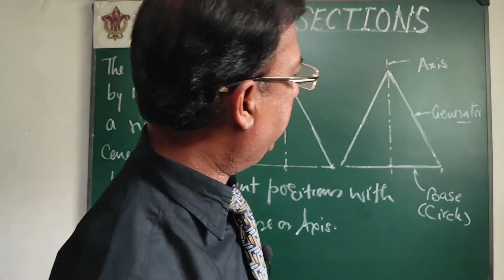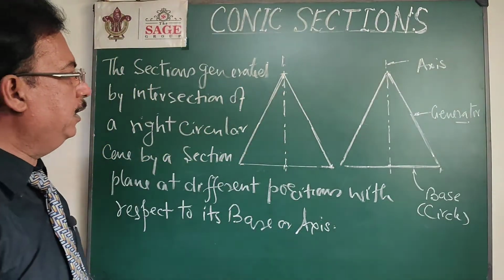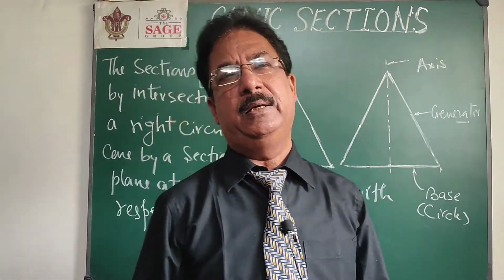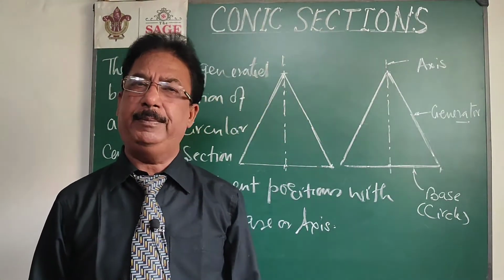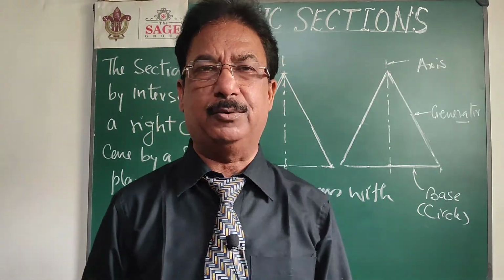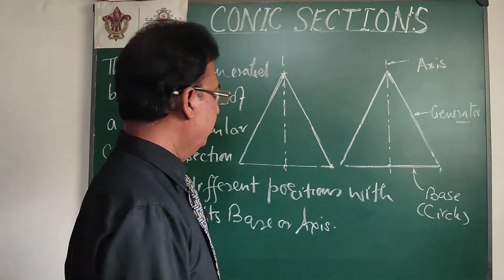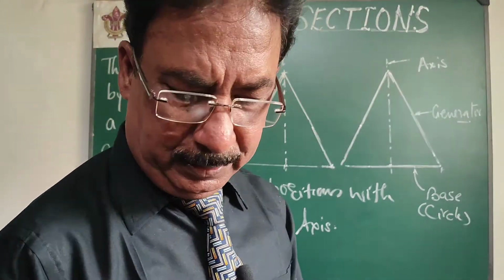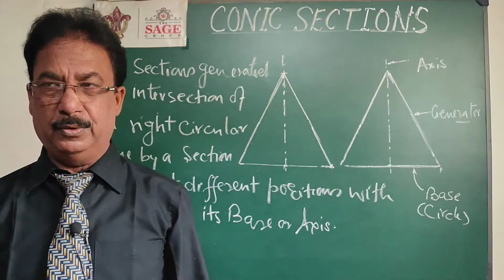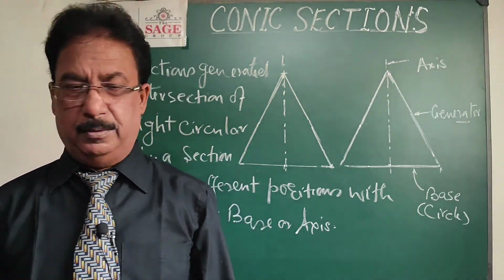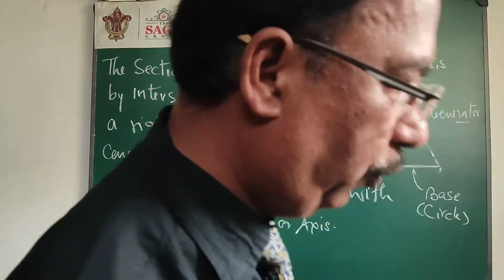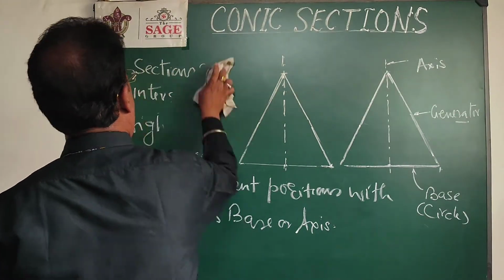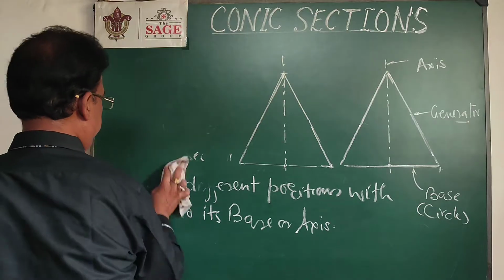So I have drawn these two front views of the right circular cone, and now we are going to cut this cone by a cutting plane which can be at different positions with respect to its base or axis. Already in mathematics you have studied conics.